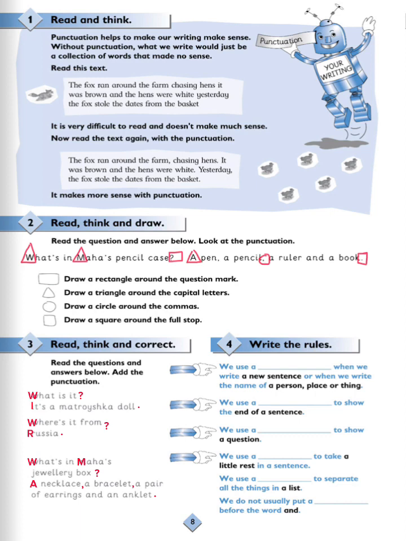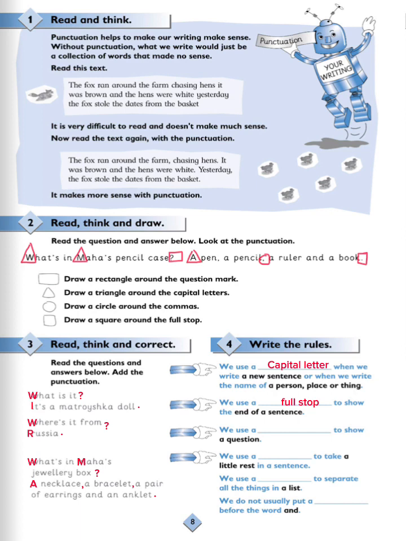Exercise number 4. Write the rules. We use a capital letter when we write a new sentence or when we write the name of a person, place, or thing. We use a full stop to show the end of a sentence.